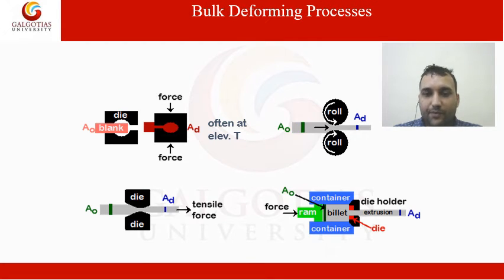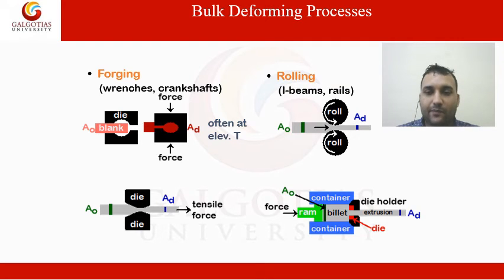So, to sum up these bulk deformation processes, first is the forging process. Normally, the bulk is pressed between two dies and force is applied so that the desired shape can be achieved. Second is the rolling process, in which two rollers move in opposite directions and the billet is forced to pass through these rollers so that the desired shape can be obtained.